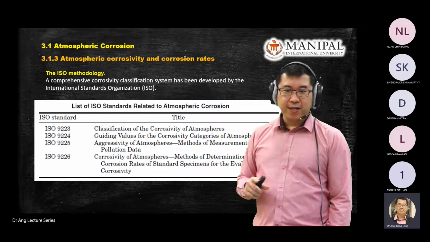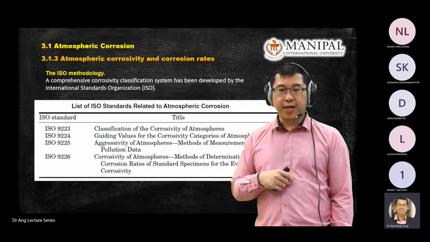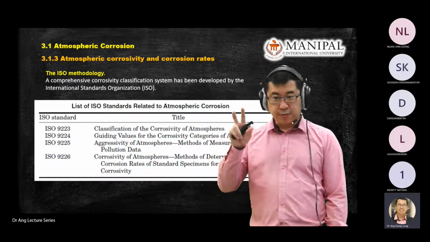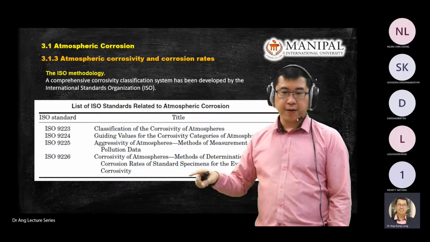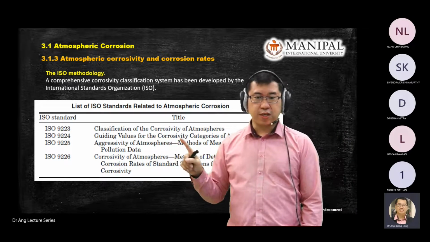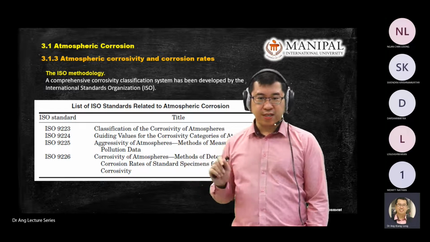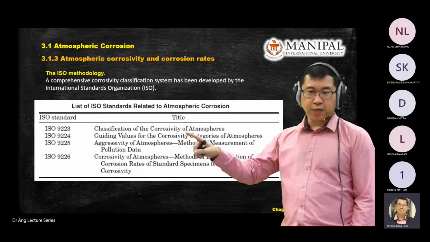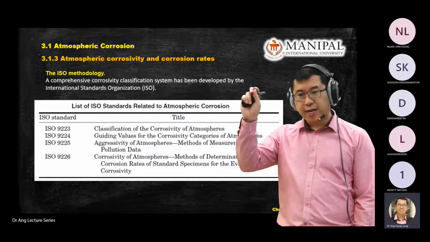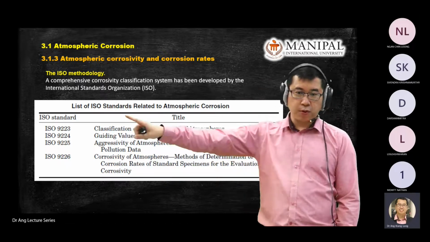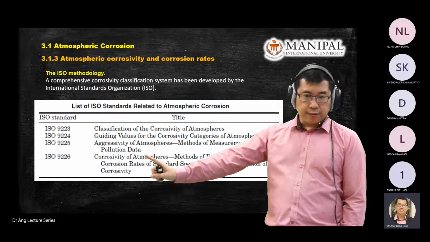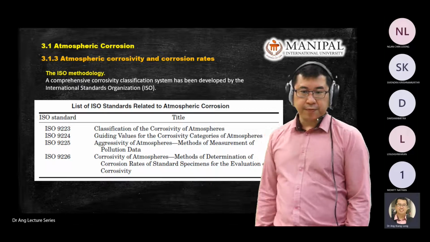So if you read the journals that I presented in the previous class, the Malaysia corrosion report, inside there is some data that shows you corrosivity values. They are all referring to the ISO standard, right? So all the data, how they capture the data, they follow the ISO standard. Okay. Then the rest you can read from here, right?